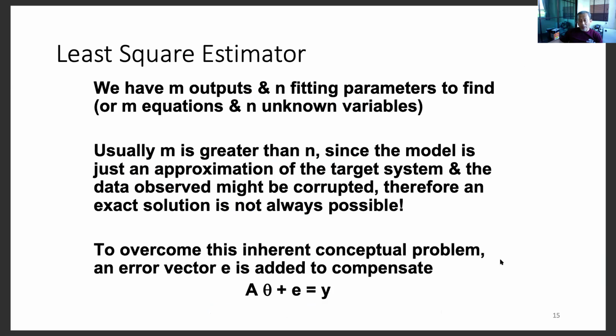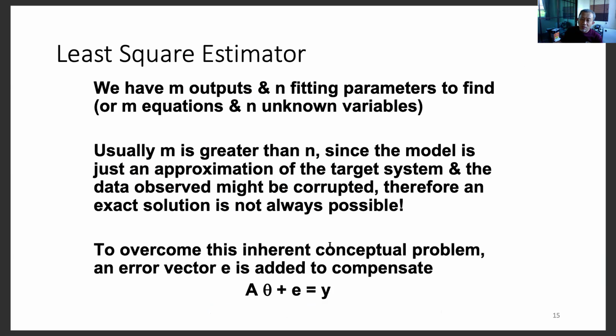So we have m outputs and n fitting parameters to find, the equations and the unknown variables. Usually m is greater than n, since the model is just an approximation of the target system, and the observed data might be corrupted. Therefore, an exact solution is not always possible.